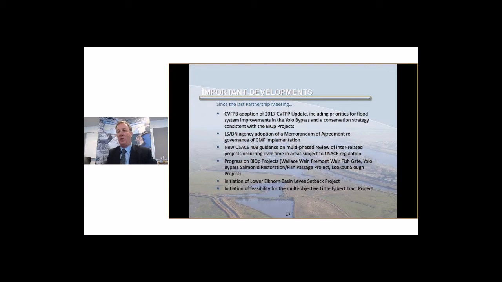Since the Yolo Bypass partnership, there have been a number of activities. One I've just discussed is the 2017 update and the conservation strategy incorporated in it, but also the Lower Sacramento Delta North adopted their own MOA reassuring its own governance consistent with the implementation of the CMF.